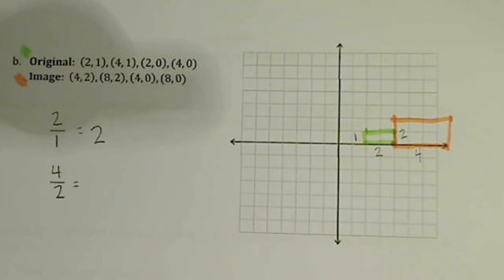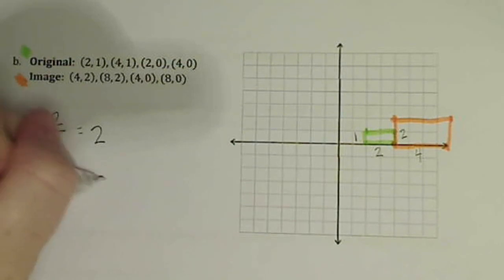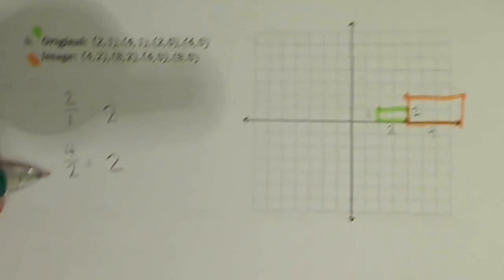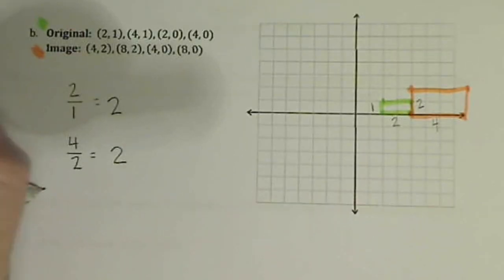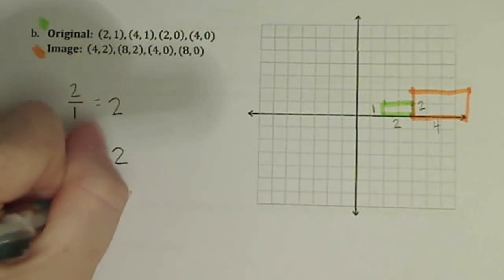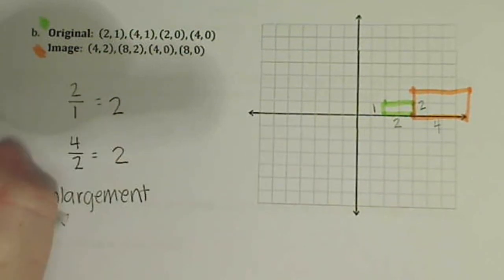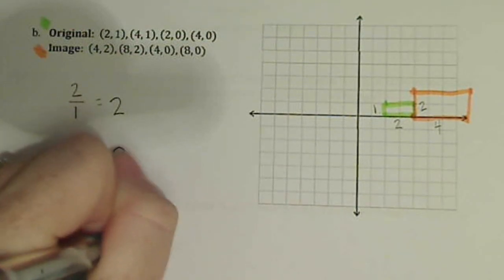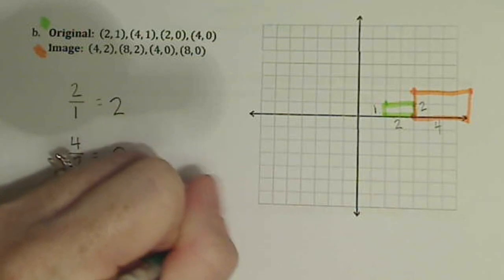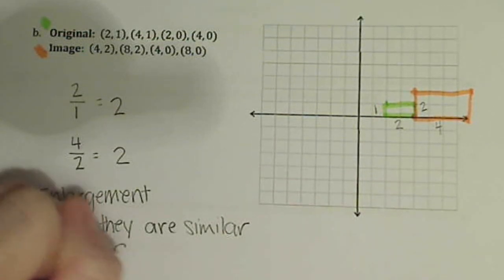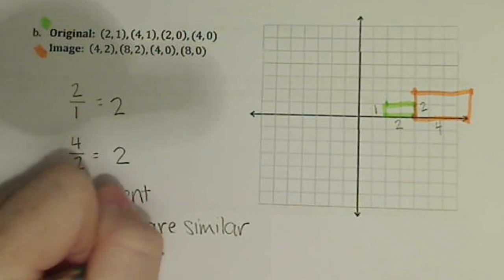We have 4 over 2, and that is also 2. So because these are the same, these are similar. And this is an enlargement. And yes, they are similar because the scale factor is the same.